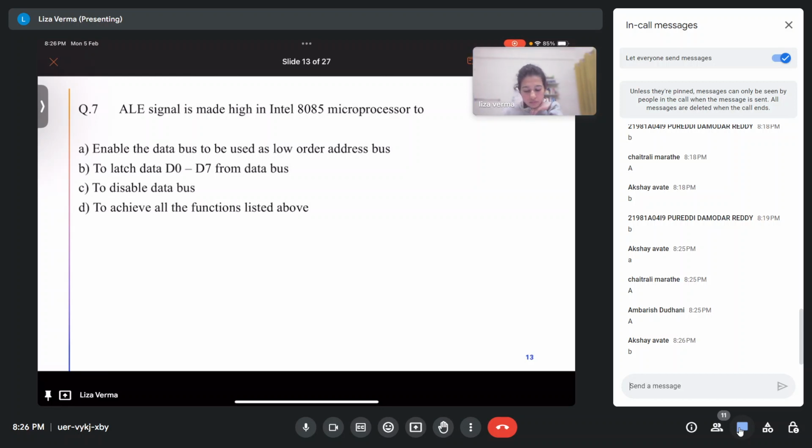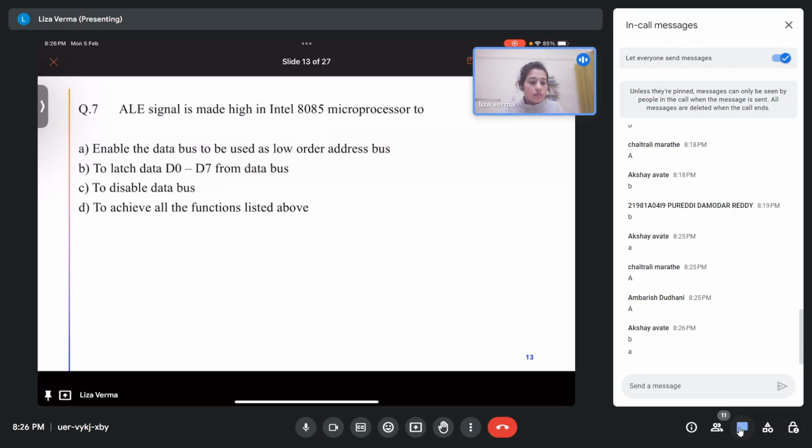To enable the data bus, to latch data from the data bus, to disable the data bus, or to achieve all of the functions listed.